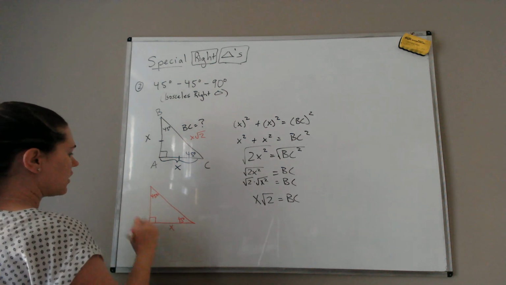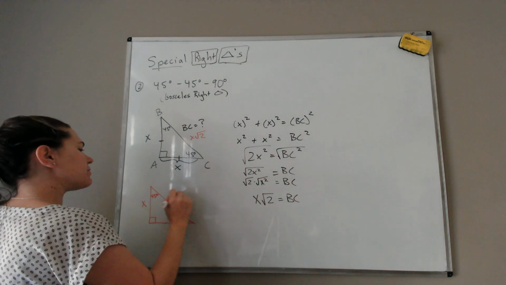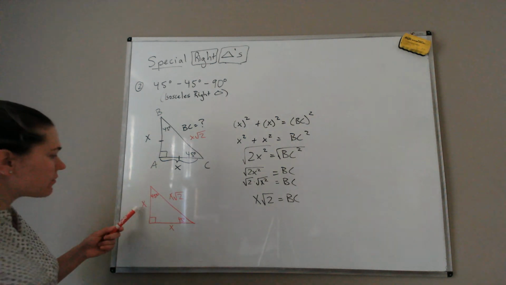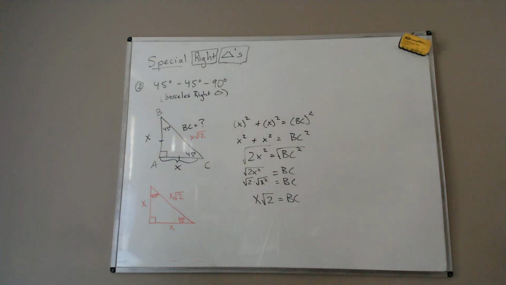So whatever is opposite the 45-degree angle, opposite 90 will always be that times the square root of 2. This is true about all 45, 45, 90 triangles. So let's say you want to work backwards.